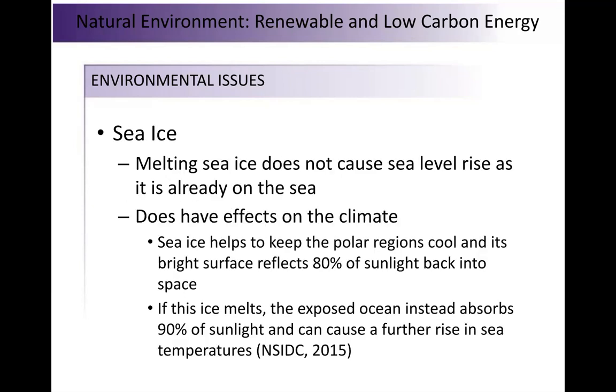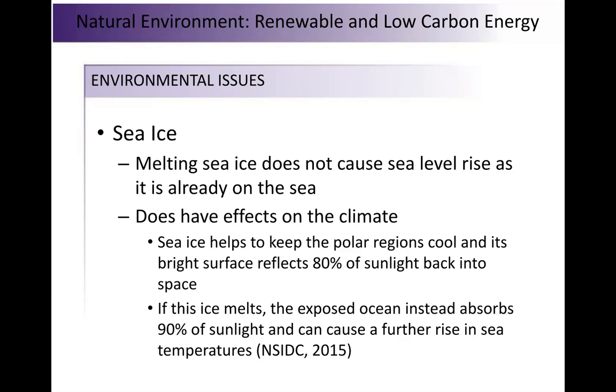Sea ice. Melting sea ice does not cause the sea level to rise as it is already on the sea. It does have an effect on the climate. Sea ice helps keep the polar regions cold, and its bright surface reflects 80% of sunlight back into space.